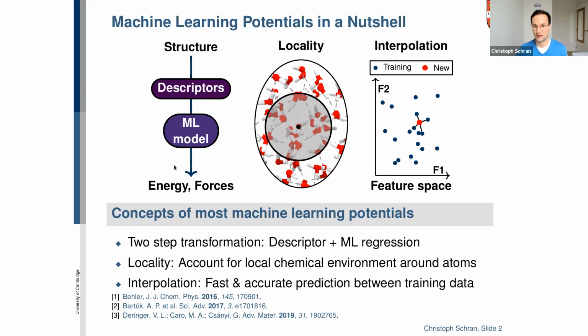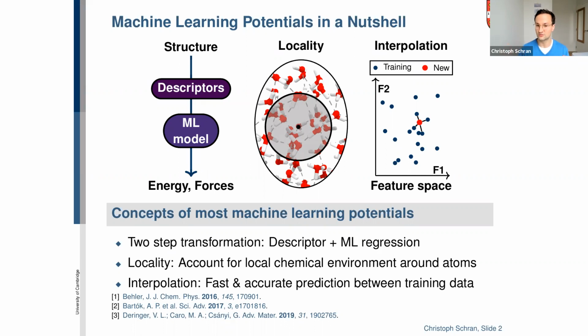First of all, our structure is transferred into a more mathematical description based on so-called descriptors, which give an idea of the atomic environment around each atom. That is then fed into a machine learning model, which is doing regression in order to output energies and forces.